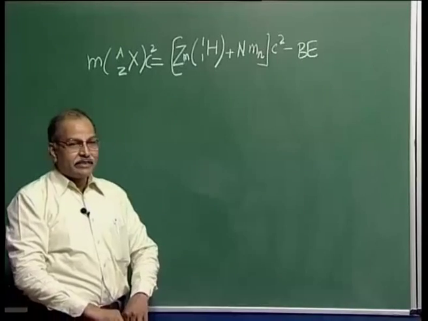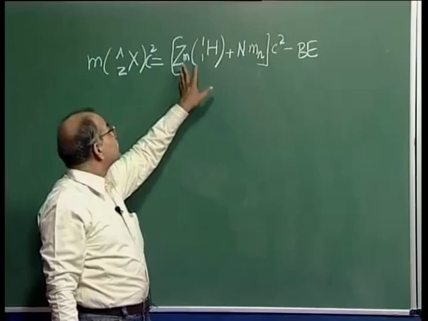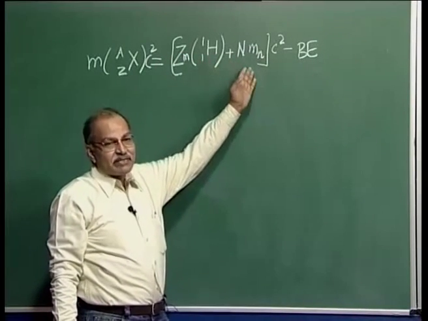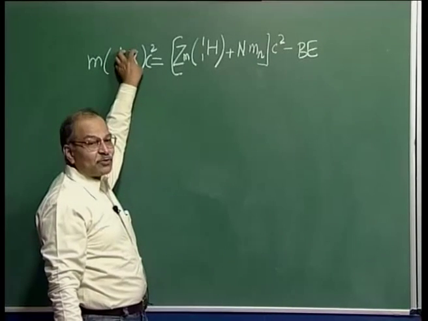Again, that is the definition of binding energy. The first part is the mass when the protons and neutrons are all separate, and this is the mass when they are bound in a nucleus.